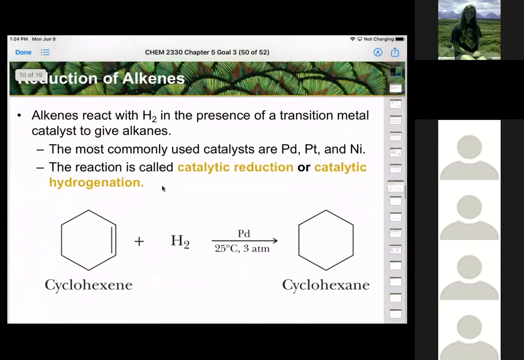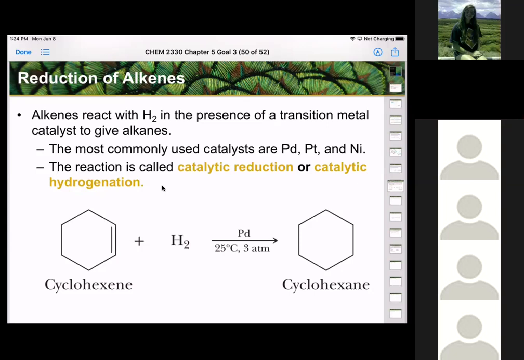Okay. Now, the next reaction is a reaction between the hydrogen adsorbed to the surface of the metal and an alkene. And because we have that surface, and because we've done this reaction on cyclohexene, we see that this is actually a syn addition.